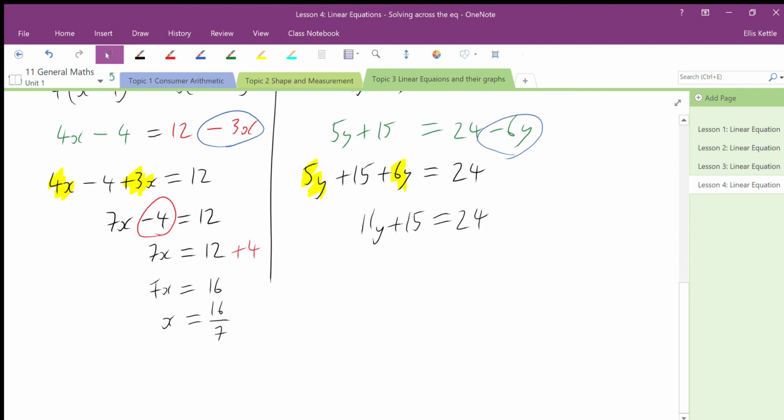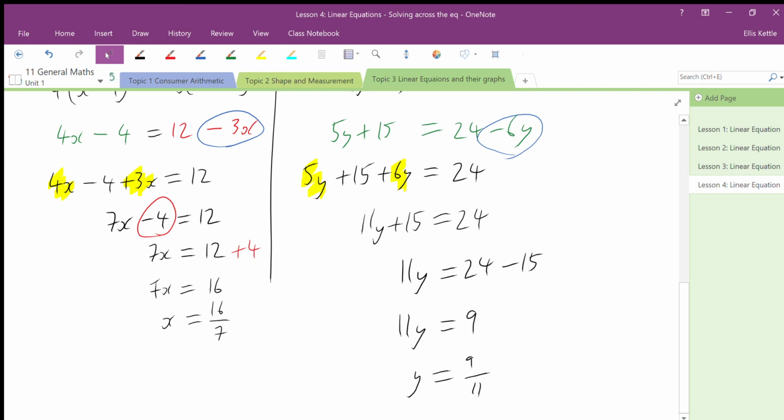Opposite of plus 15, minus 15. 11y equals 24 minus 15. 11y equals 9. Y is equal to 9 on 11.